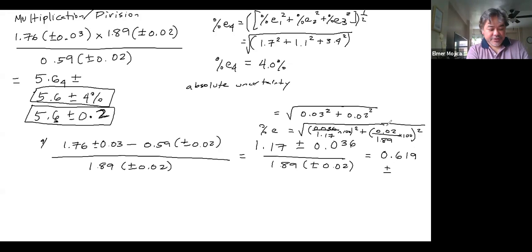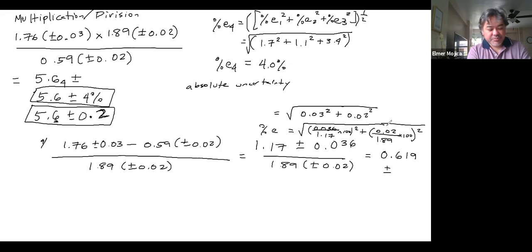So 0.036 divided by 1.17 times 100, and then plus 0.02 over 1.89 times 100.